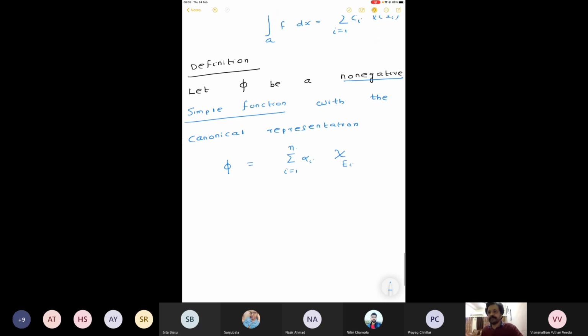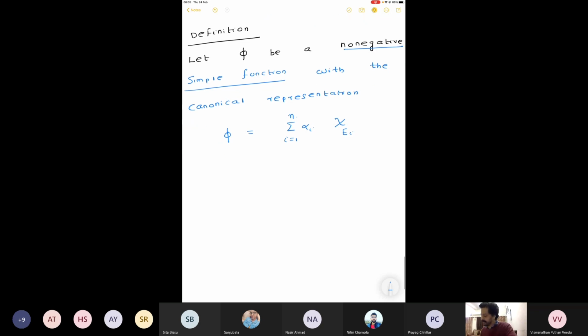Please bear in mind that when we write the canonical representation, if phi takes the value 0 at some point, you can avoid it if you want. Then the integral of phi over R. Later we will avoid over R and talk about any subset, as we will see later. Now it is over R with respect to Lebesgue measure.